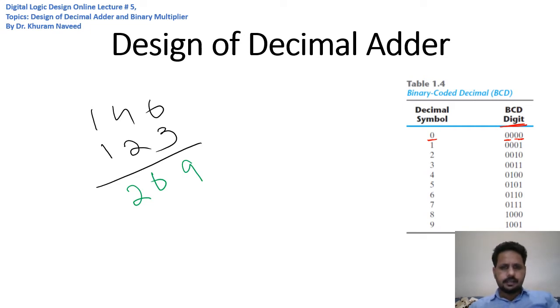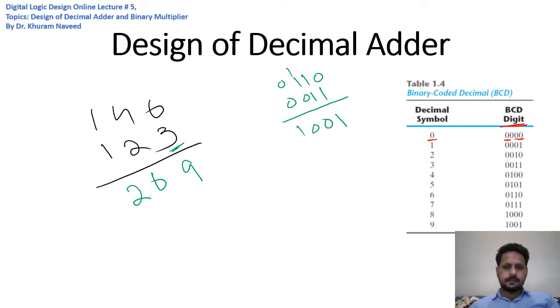So let's mimic this using these codes, right? Instead of 6, we use the BCD of 6, which is 0, 1, 1, 0. And instead of using 3, we use the BCD of 3, which is 0, 0, 1, 1. So in this case, we get 1 at the answer, and here we get a 0 and a carry here, which results in a 0 here and a 1 here, right?